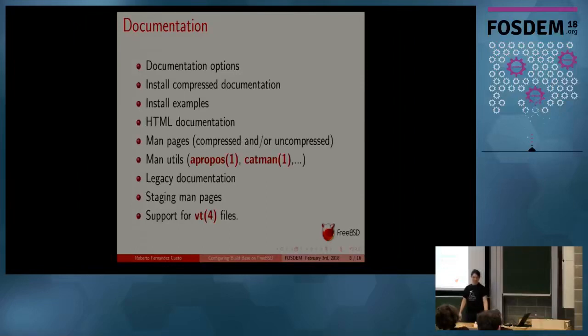Do we want man utils like apropos, catman, and so on? Do we want legacy documentation installed in our final system? Shall we stage man pages? Do we want support for DT files? That's all that goes under documentation.